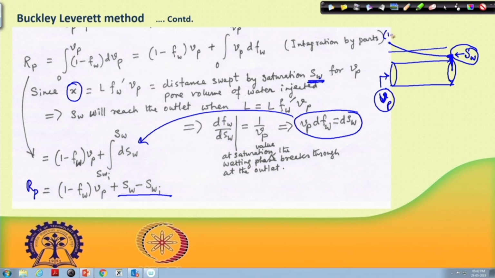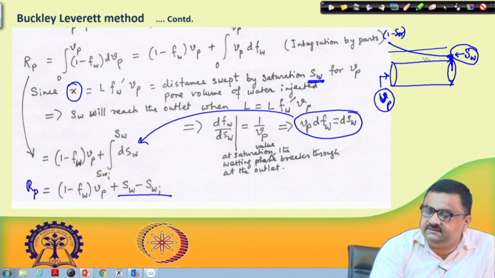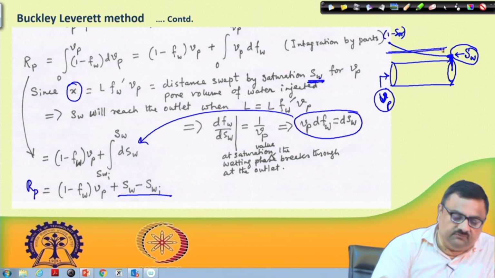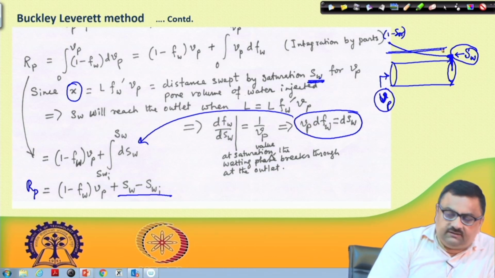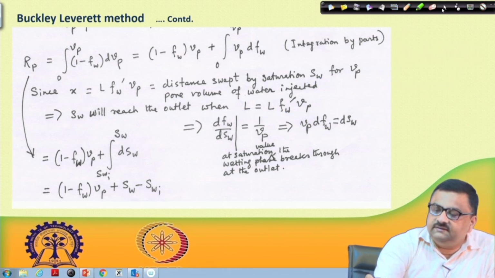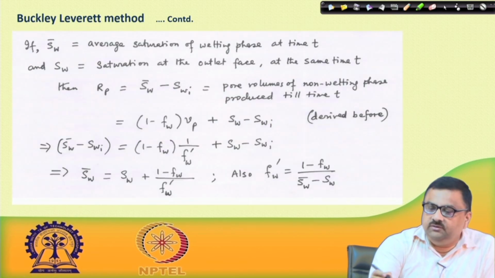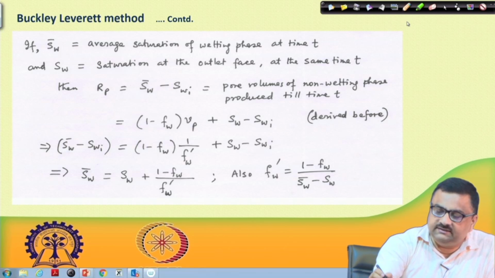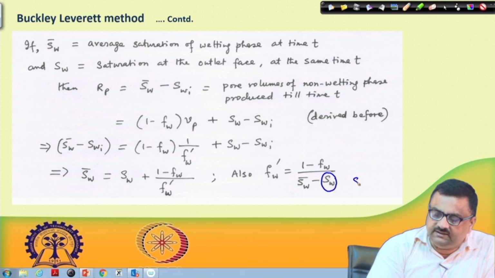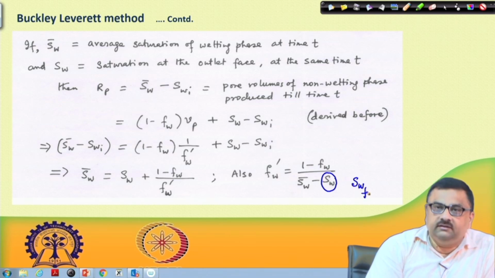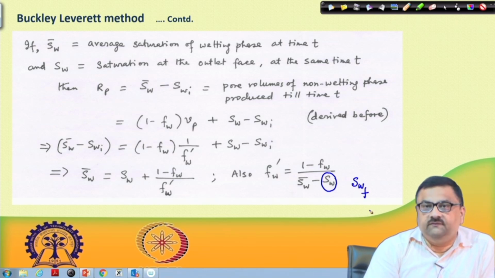So, from 1 minus SOR to SW here, this change that happens, the average saturation here is SW bar. Because of this reason, we should be writing this SW. Very soon we will see that this SW will be changed to SWF, that means SW of the front.